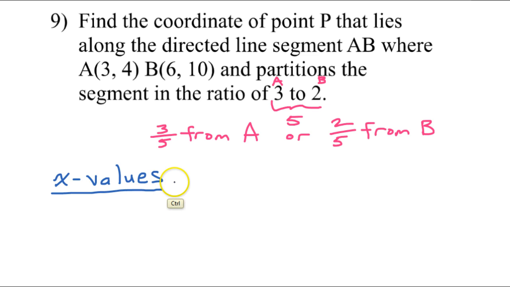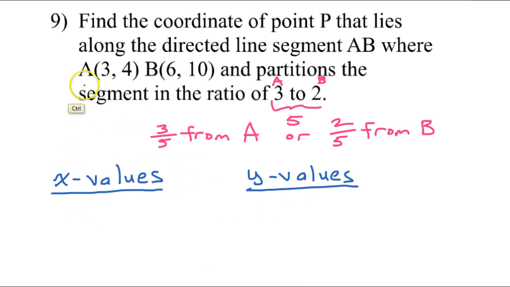I'll figure out how far from A I'm going to have to go just by looking at the x values, and then separately, I will do the y values. And then at the end, I'll put the 2 together to get an ordered pair using the x value partition and the y value partition.